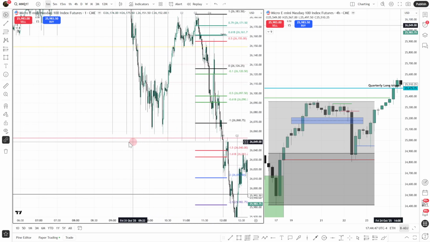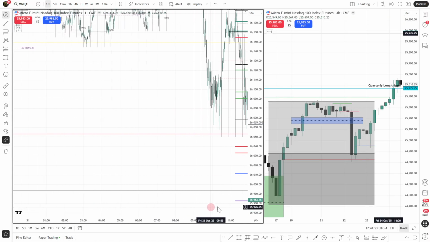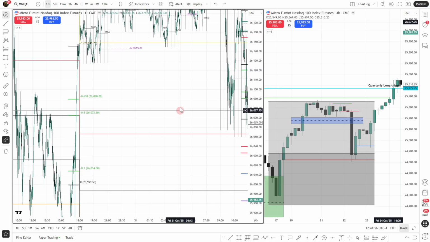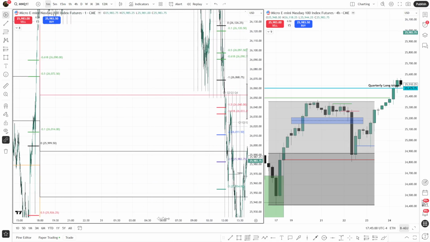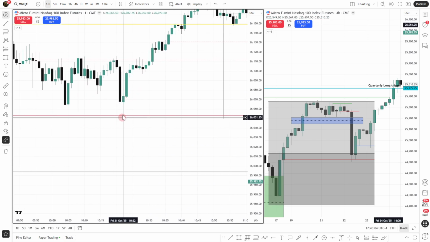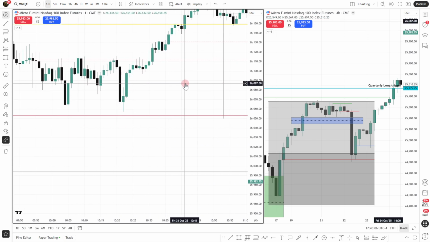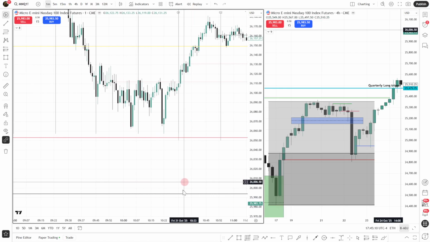Notice how we haven't really hit anything major right here, and it sets in a very long wick up close candle. Okay, this gets ran.